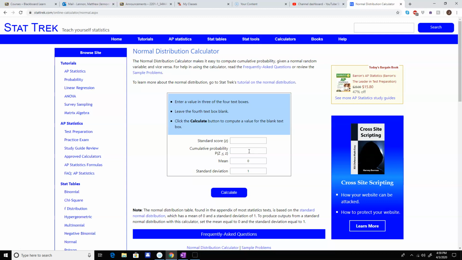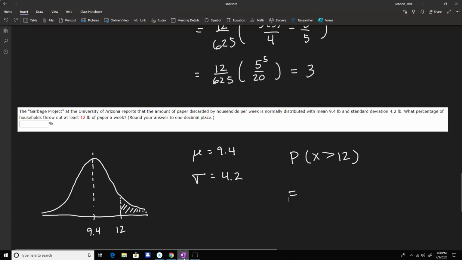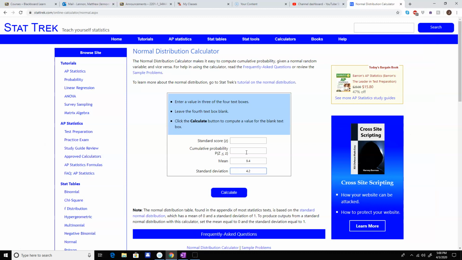The thing is, it always gives you the probability that something is less than a value. So for our example, we have a mean of 9.4, and the standard deviation was 4.2. Let me check that.